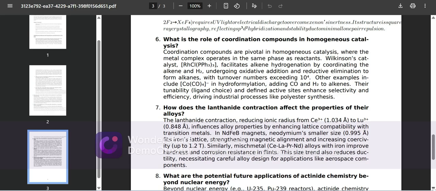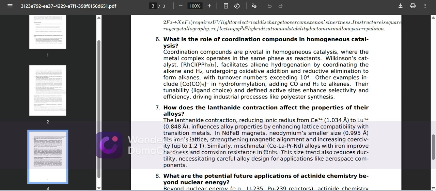Coordination compounds are pivotal in homogeneous catalysis, where the metal complex operates in the same phase as the reactants. Wilkinson's catalyst, RhCl(PPh3)3, facilitates alkene hydrogenation by coordinating the alkene and hydrogen, undergoing oxidative addition and reductive elimination to form alkanes with turnover numbers exceeding 10 to the power 4.